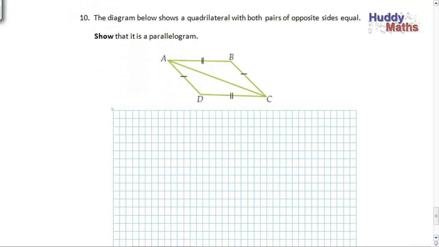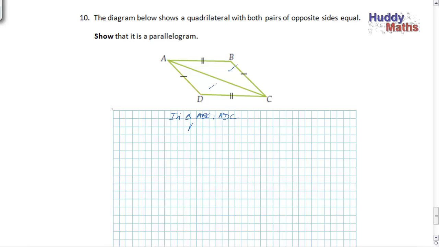Okay, the diagram below shows a quadrilateral with both pairs of opposite sides equal. Show that it's a parallelogram. So this is a useful application, isn't it, of congruence, I think, here. So what we're going to do is we're going to go to triangle ABC. So this one and this one should be able to be matched up, I think, in triangle ABC and ADC.